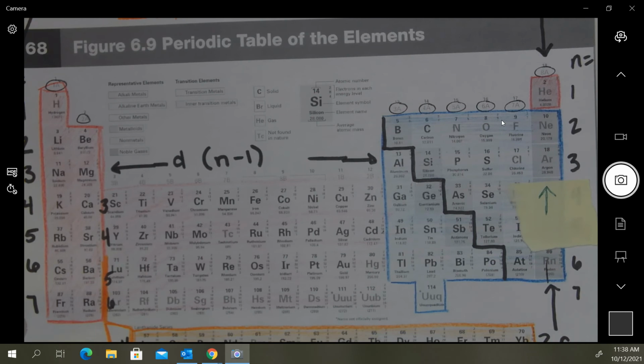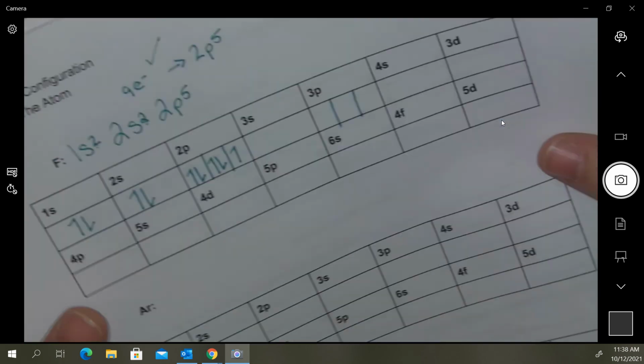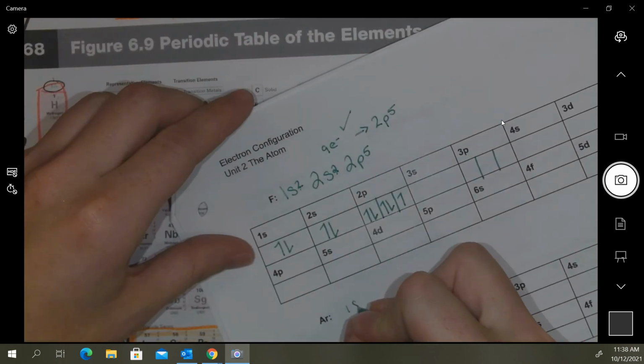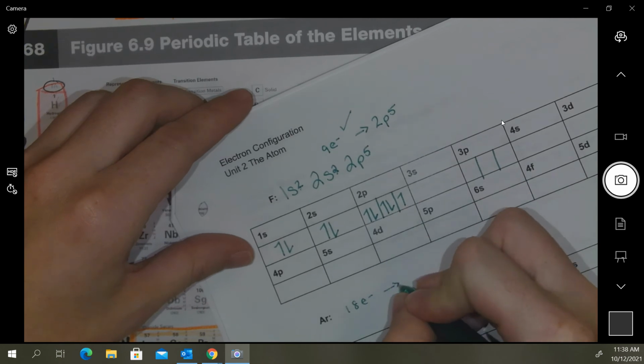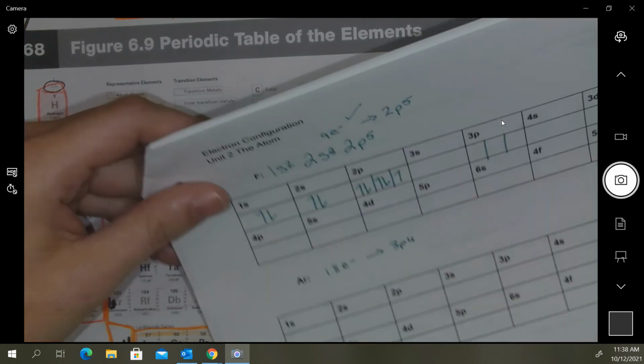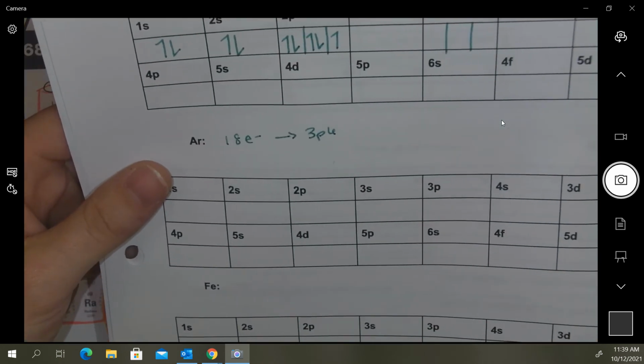So go ahead and pause the video, and then we'll check it together. Okay. Argon is going to end at 3p6, and we know it has 18 electrons. So that's going to help us with some notes for this.